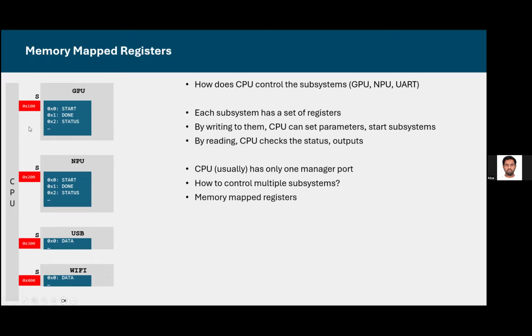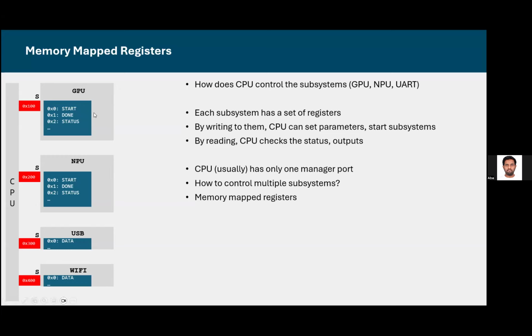So basically the idea is you have a common memory space for the entire system. The CPU sees a very large memory space, and the CPU can read and write to any of those memory locations.